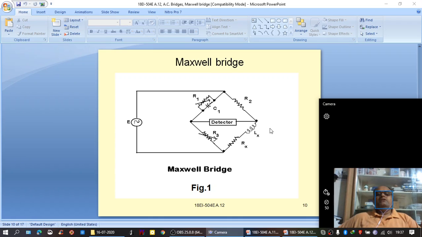And the fourth arm is the unknown inductance, having a value of Lx and associated resistance Rx. An AC excitation E is applied across two terminals, and a detector is connected across the other two terminals.